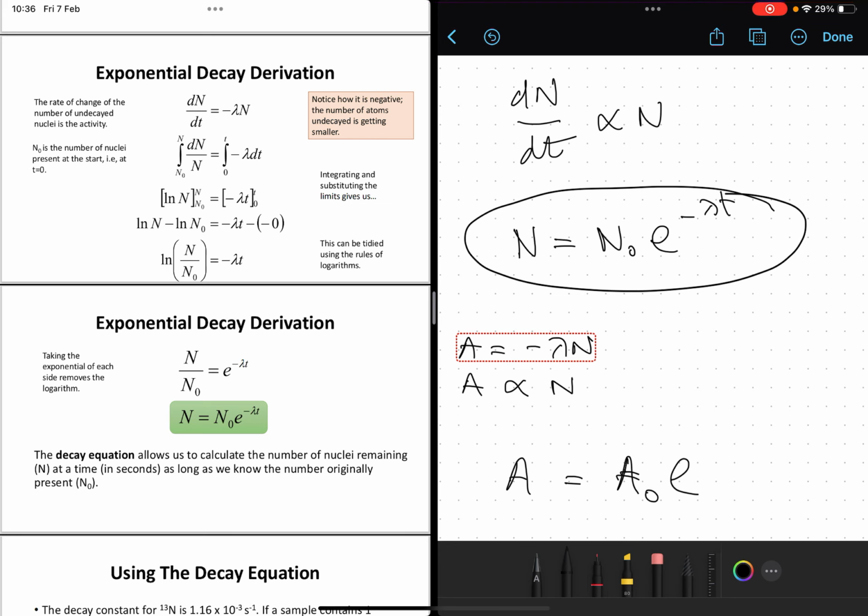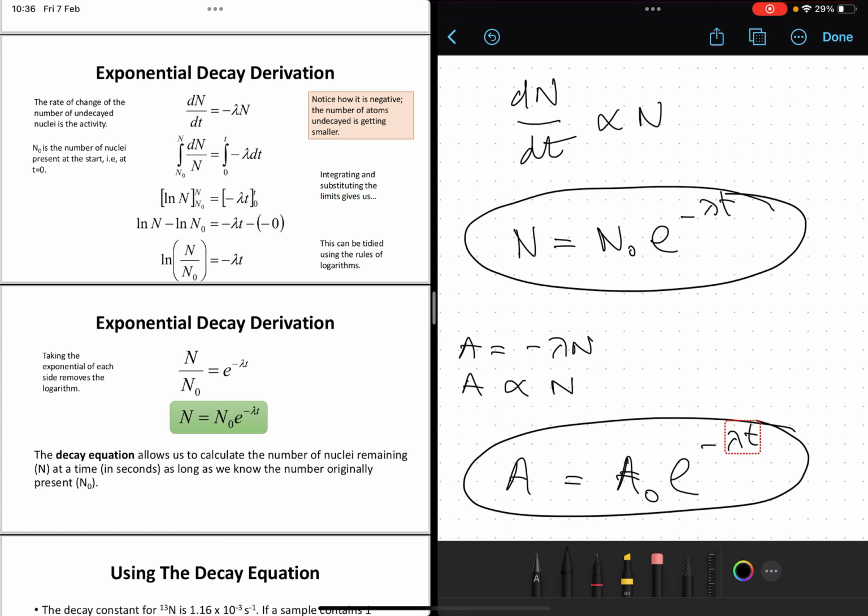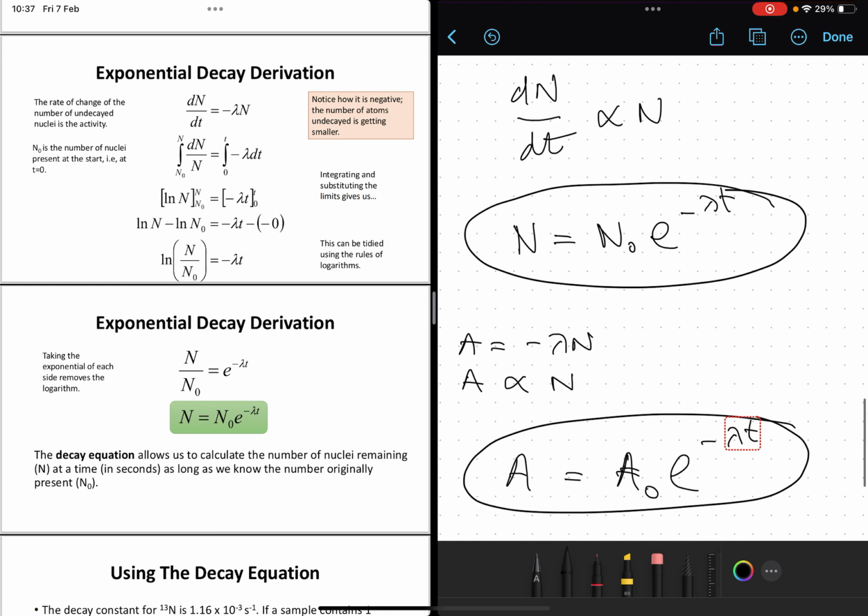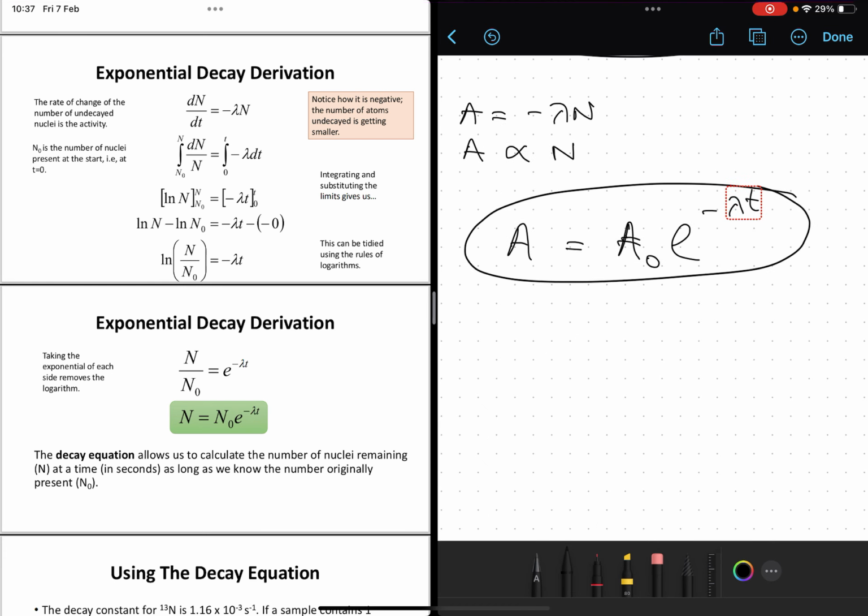I'm not quite sure what my pen and my board are doing at this moment in time. There we go. So activity is also varying exponentially. There is an exponential decrease in the activity of a radioactive source. So just checking that this makes sense and this works.